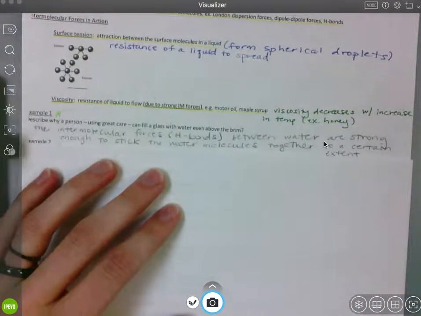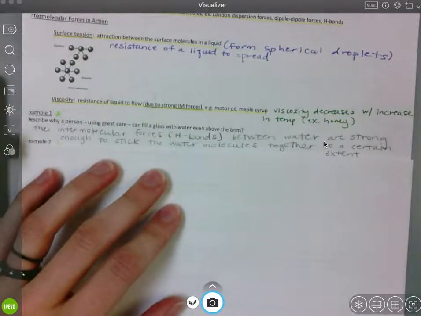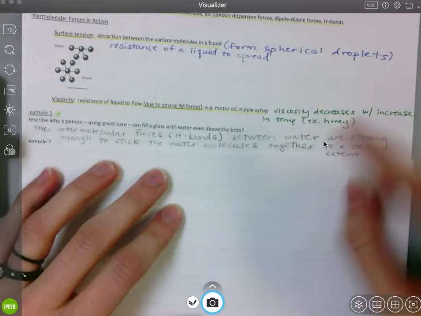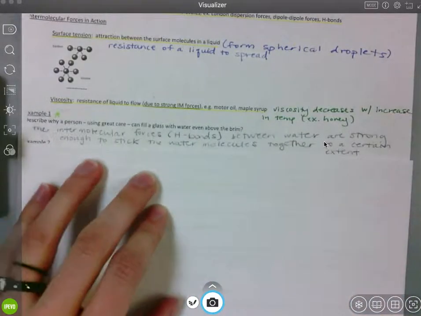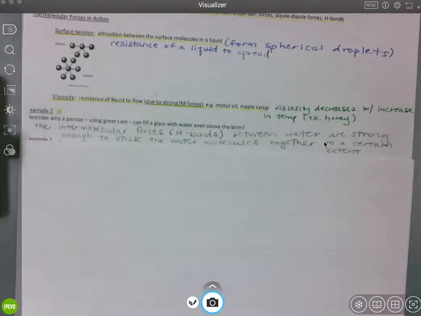But so basically the intermolecular forces between water molecules, so our hydrogen bonds, we'll talk about those, are strong enough to stick the water molecules together to a certain extent. So our water surface molecules are going to be holding hands really tightly.